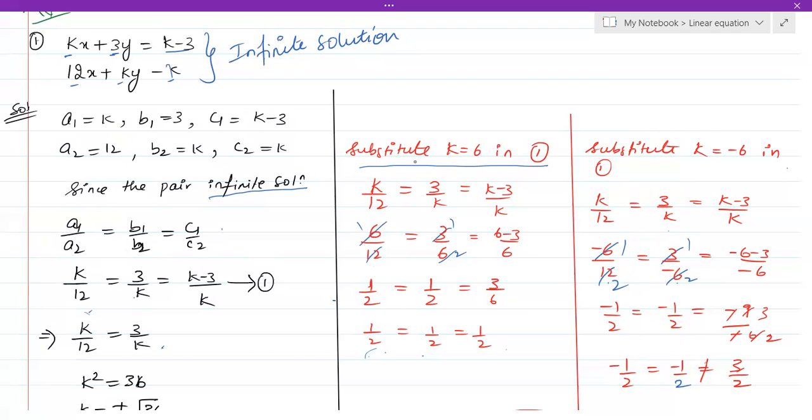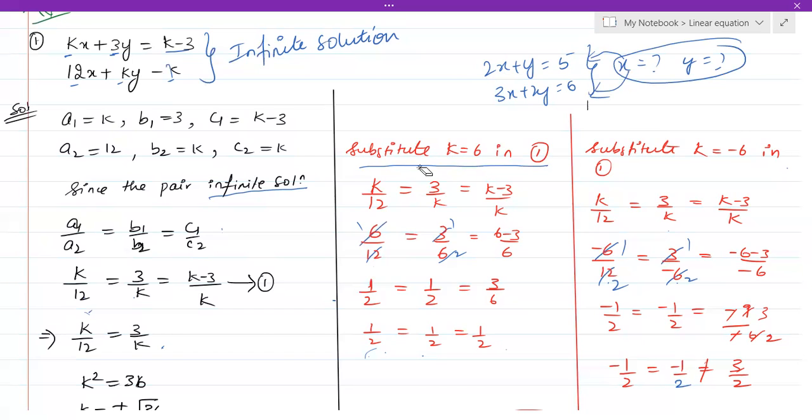Many times it is not easy to find the solution. For example, if I give this question, 2x plus y is equal to 5 and 3x plus 2y is equal to 6, I have to find the value of x and y. This x and y should be such that it satisfies the first equation as well as the second equation. That is not very easy. So we need some methods to solve this.